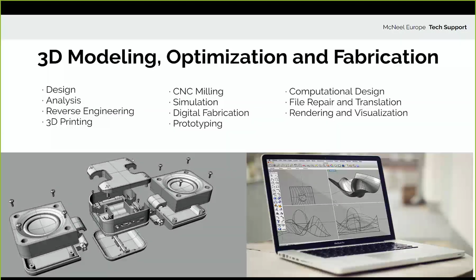They're using Rhino because it's not only a 3D modeling tool, it's used not only for design, it's used for analysis, for reverse engineering, a lot for 3D printing, CNC milling, simulation. Also, it's used by big companies just to read files for different software. I know that some of you are using, for example, SolidWorks.